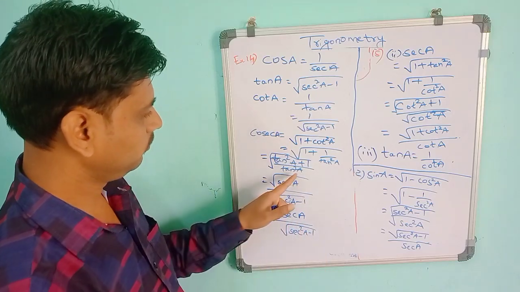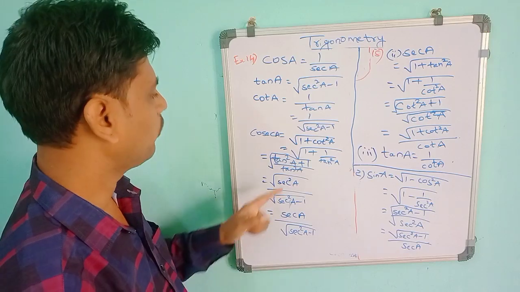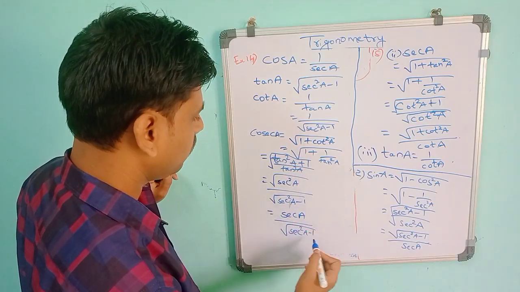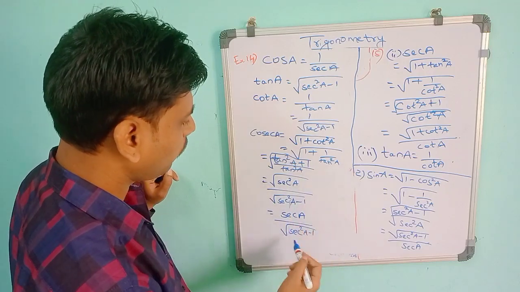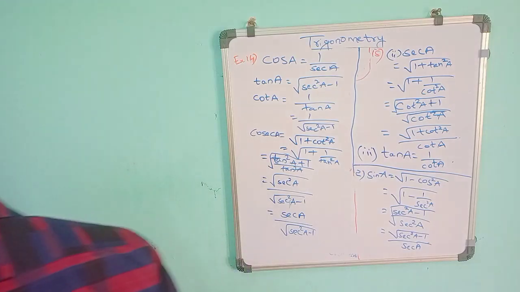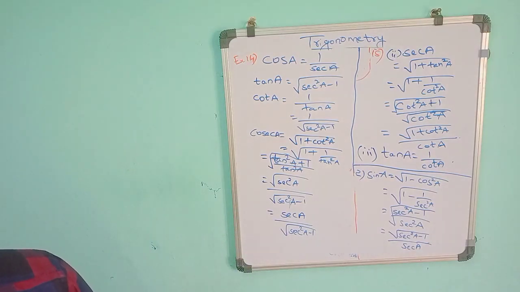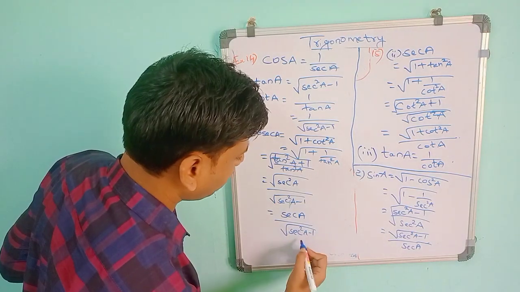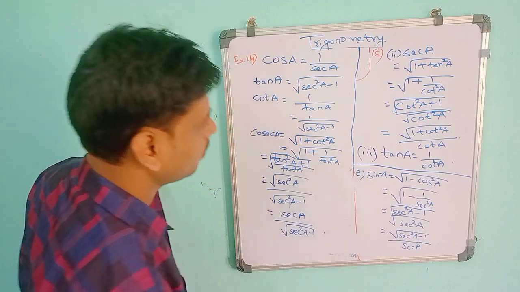And tan square a is sec square a minus 1, so the root will be there. So the answer will be sec a divided by root of sec square a minus 1.